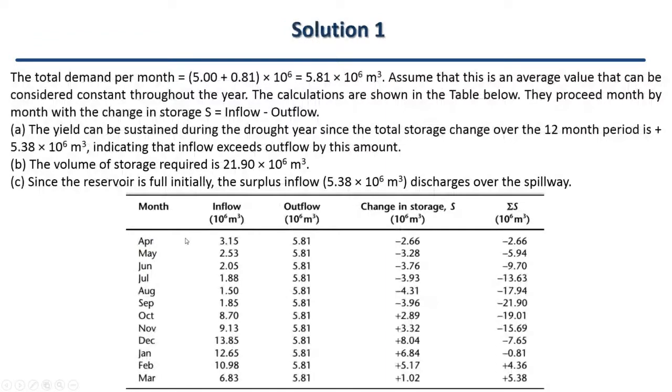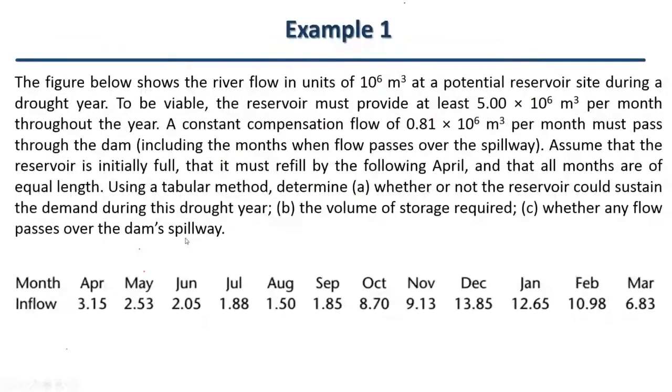Okay, so this figure at the bottom, you can see all over the year, shows the monthly inflow in the river in the unit of million cubic meters. So for example, April is 3.15 million cubic meters, until March of the following year, which is 6.83 million cubic meters.